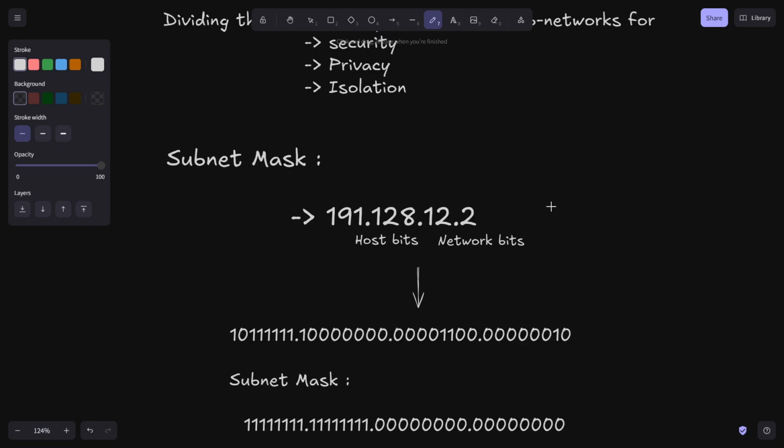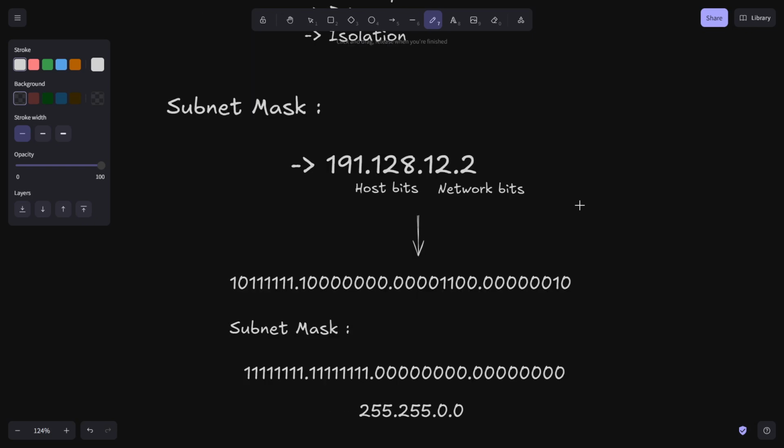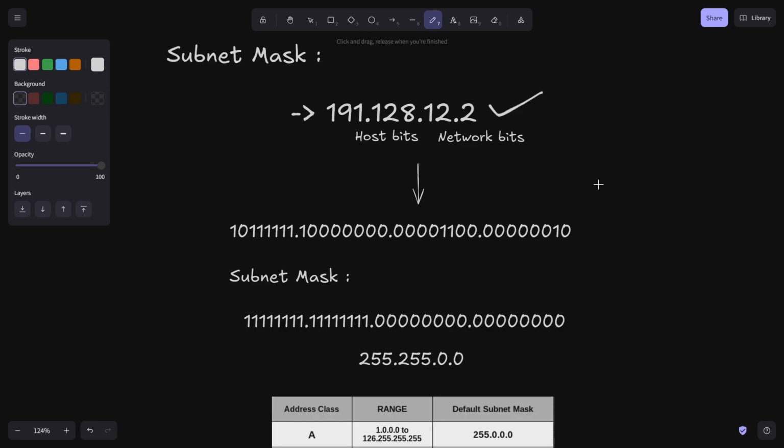In the IP address part, I told you that an IP address has host bits and network bits. Here you can see I have given an example of an IPv4 address that consists of host bits and network bits. If you convert it to binary form, it can be written like this.